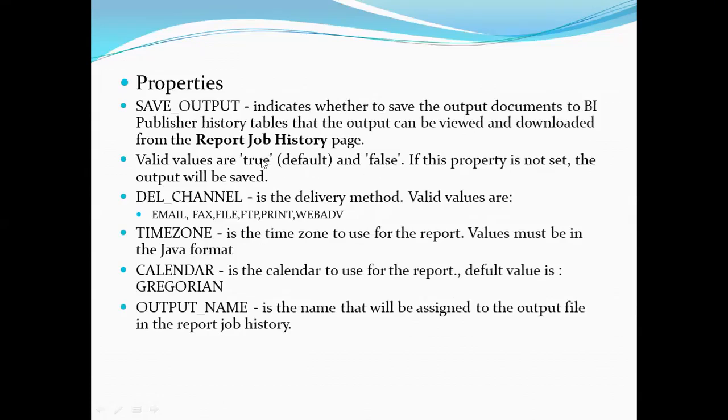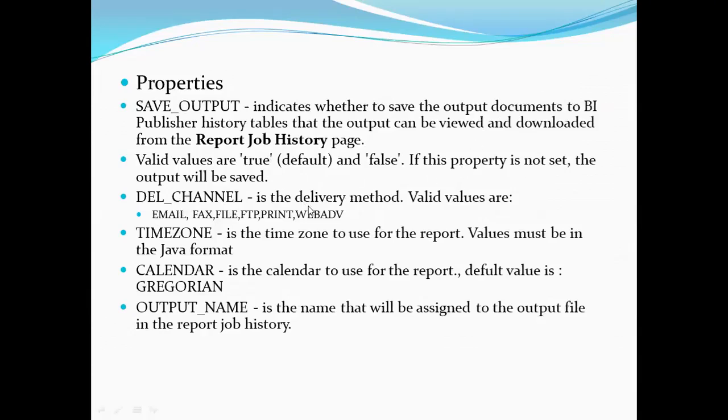By default this is true, nothing but when you perform your bursting functionality, if you want to see this output in future, that information will be captured in your table. When you set it as false, the information will not be captured in the table. In future, if you want to see the output, it won't be available.